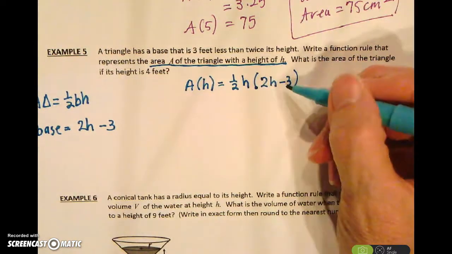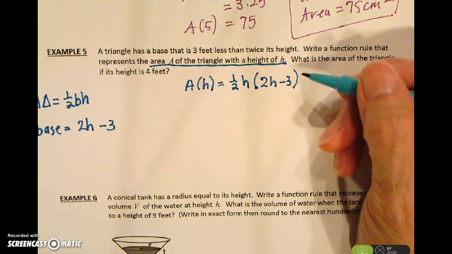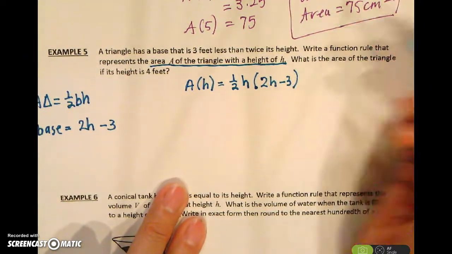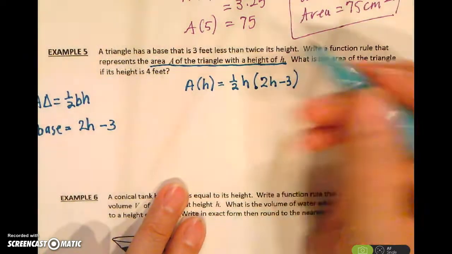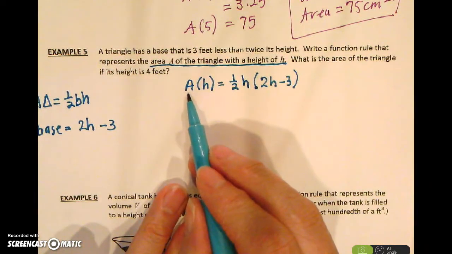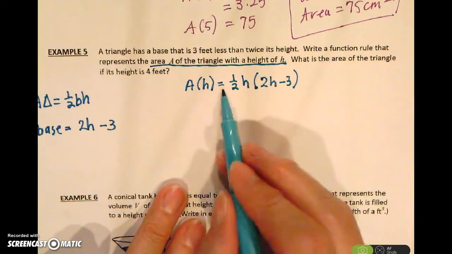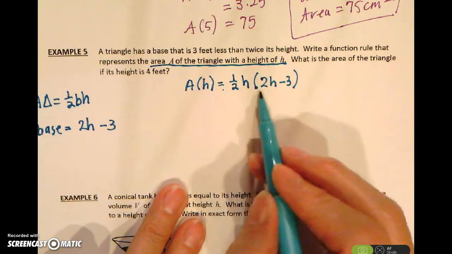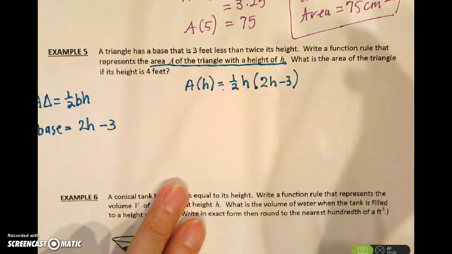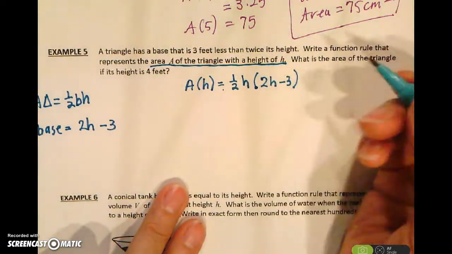If you wanted to distribute, that would be okay as well. We can leave it this way also, so whichever way you want to go. So here we have our function rule. The area, which is dependent on the height, is equal to 1/2 h times 2h minus 3. A of h. So remember again, not multiplication.